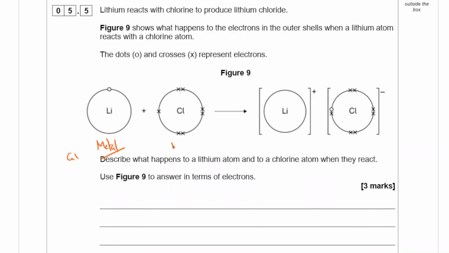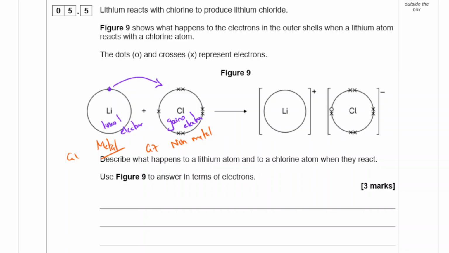Chlorine is the non-metal, and that's in group 7. Now, being a metal, lithium loses 1 electron. It's this electron that it is losing to the chlorine, right? So chlorine gains 1 electron.